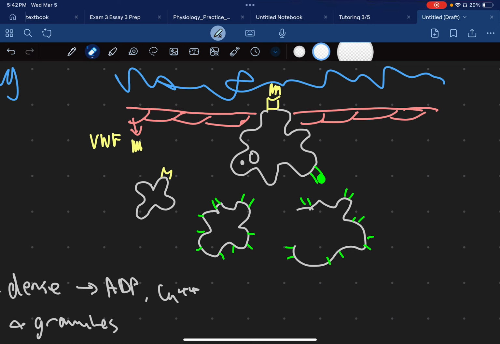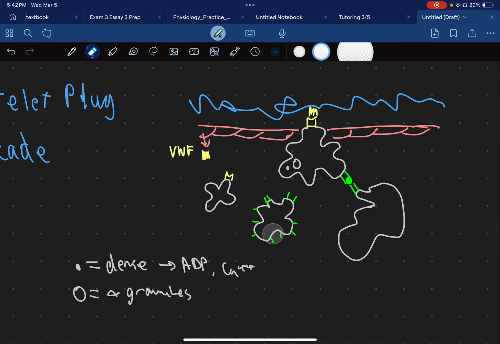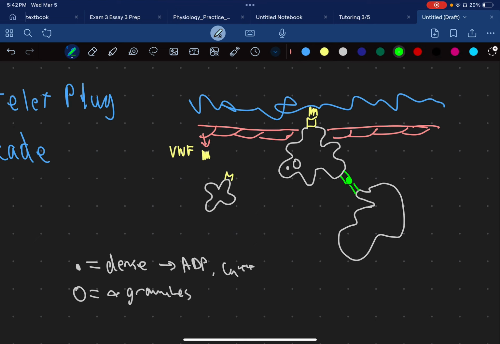So if we erase that, we draw. They're both bound to that fibrin, so they're going to be connected. And if we draw another one, that fibrinogen is connecting them, and this is what we call the platelet plug.